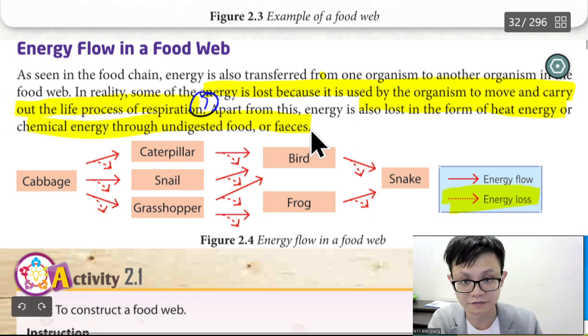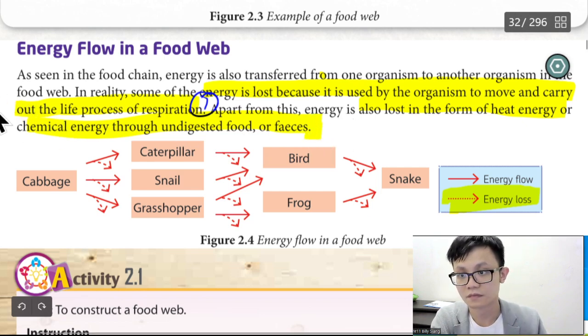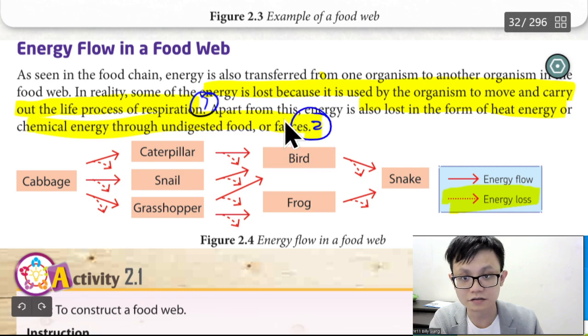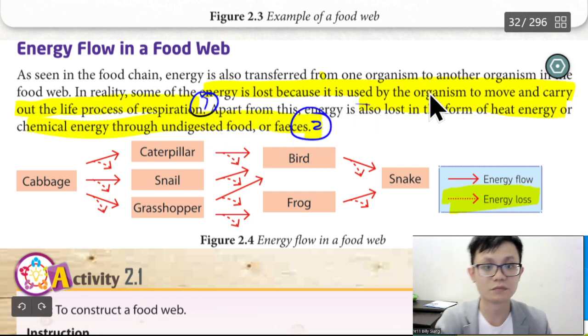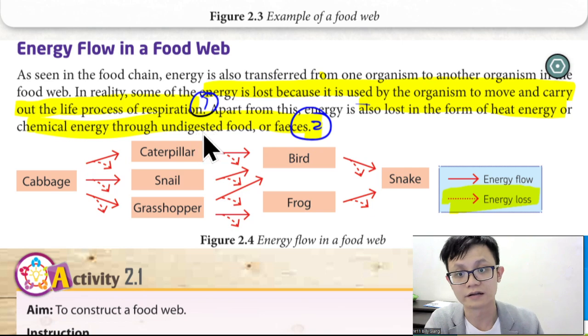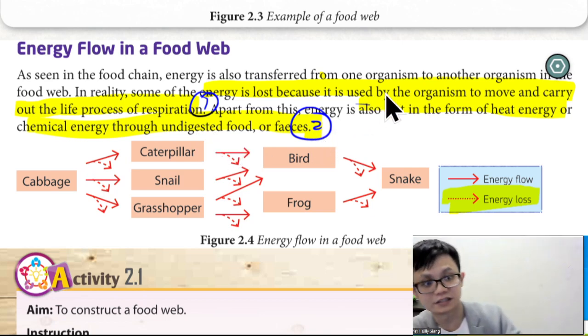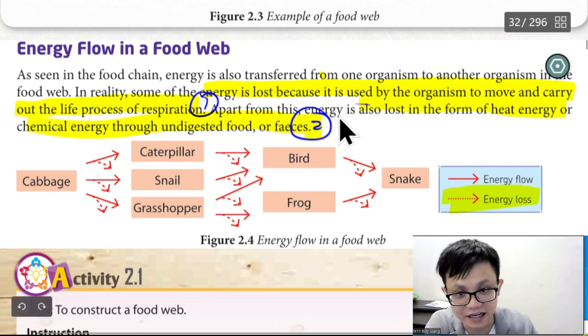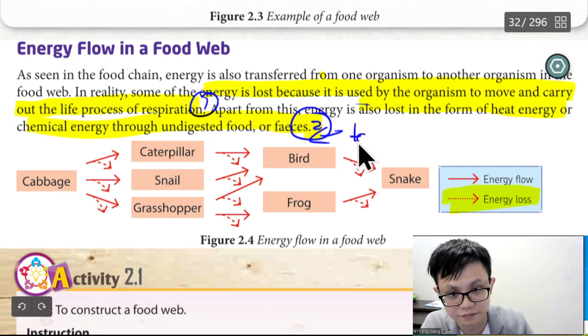This is the 2 marks. Again, why energy loss? Energy is lost because the organism uses it to move and carry out the life process of respiration. The point number 2, energy is lost as chemical energy through digested food such as feces.